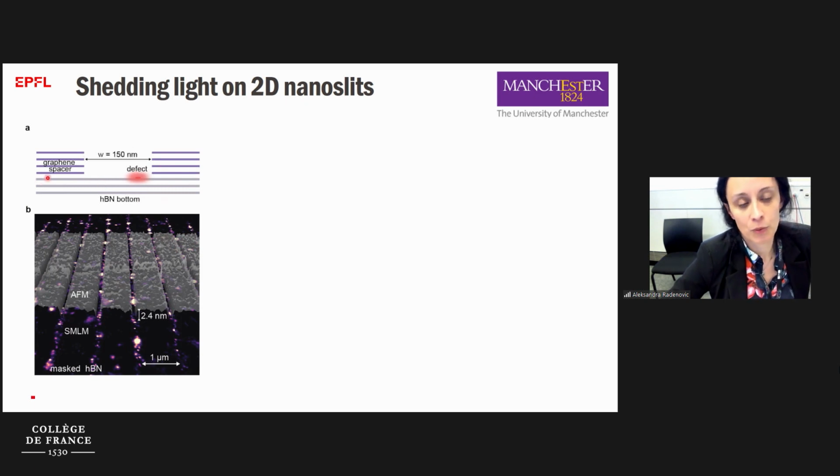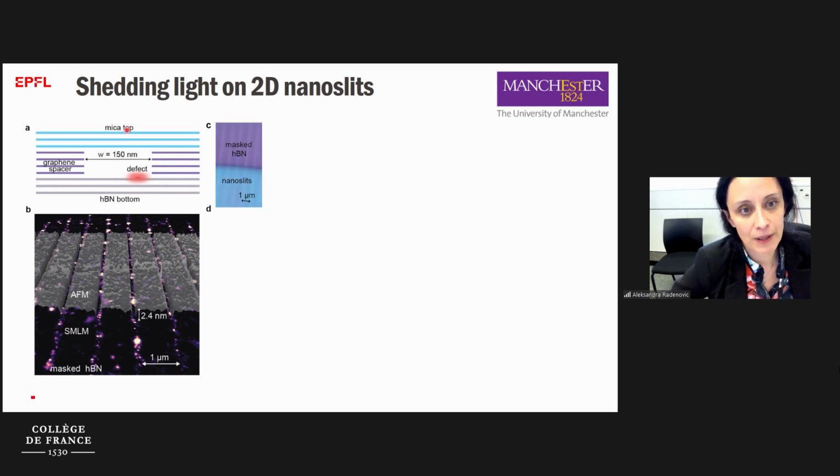To build these devices, our collaborators in Manchester position pristine hexagonal boron nitride on the glass surface. They can use graphene spacers to form a volume or confinement level that the liquid will experience. On top, we place a transparent mica so that imaging is possible not only from the bottom but also from the top.